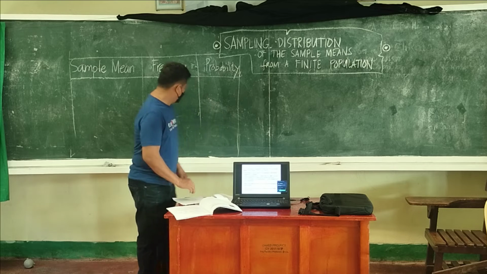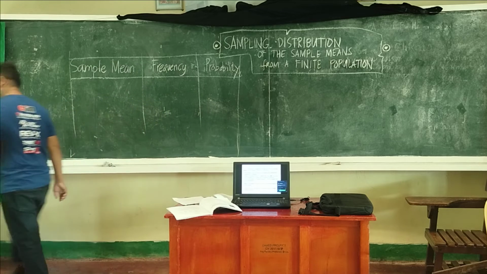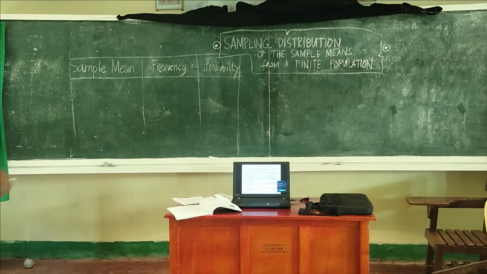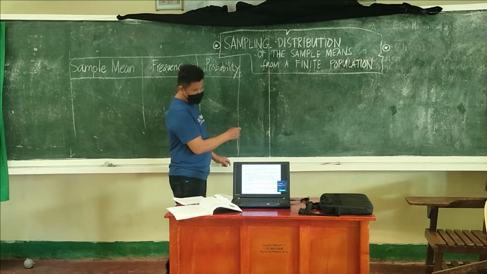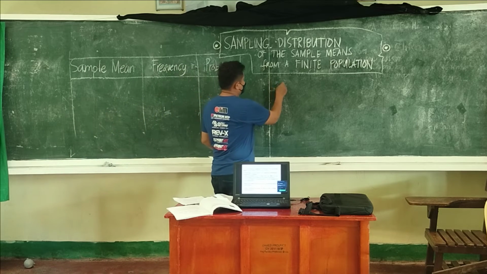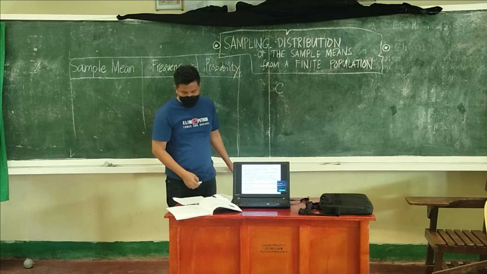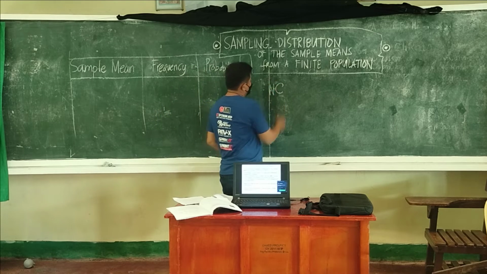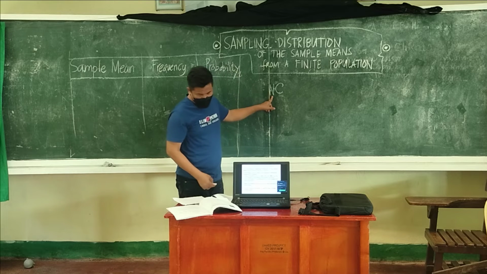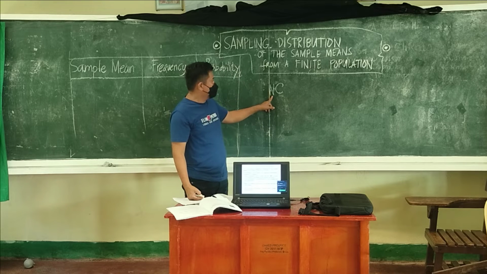So we have C, which refers to the combination, and we have capital N, the number of observations.